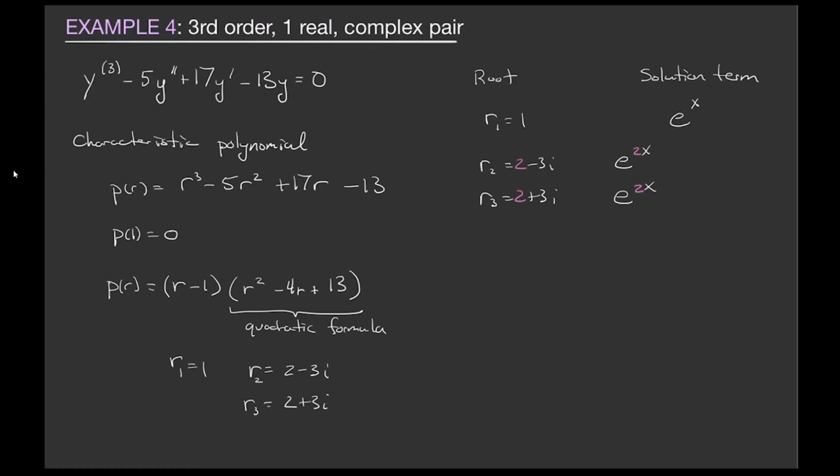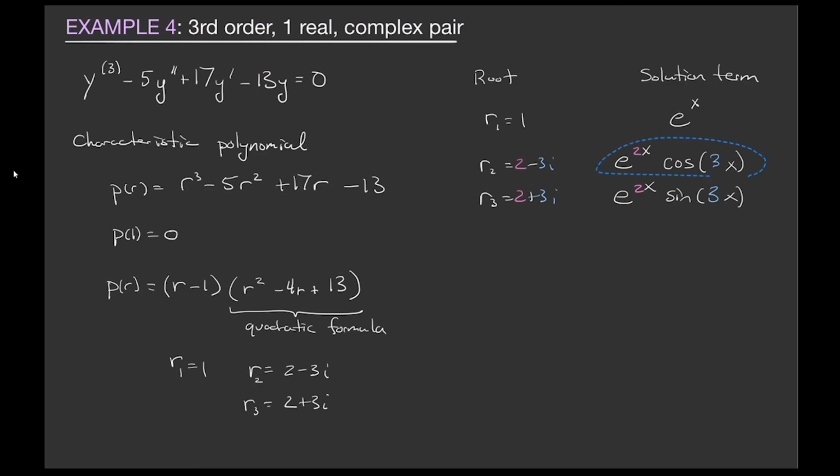But that's not all. Because there is an imaginary part, the part that's paired with i, we also get trig factors. Those factors will be cosine and sine of this imaginary coefficient times x.